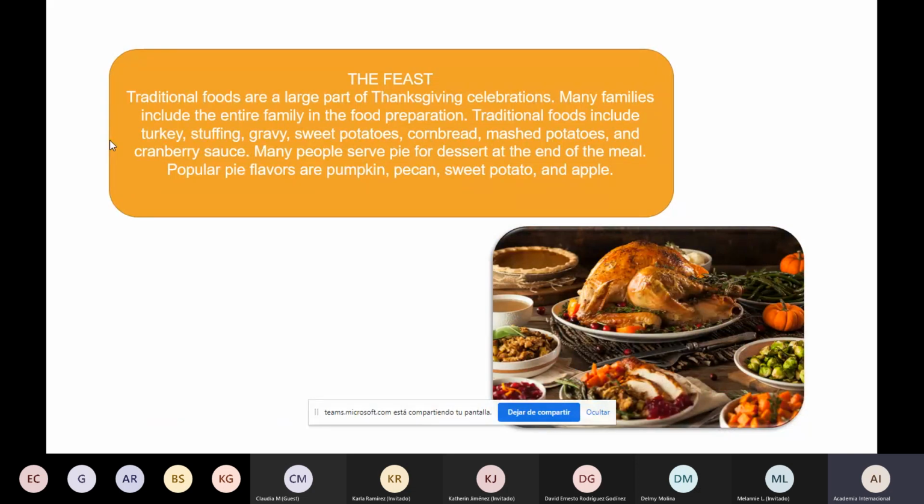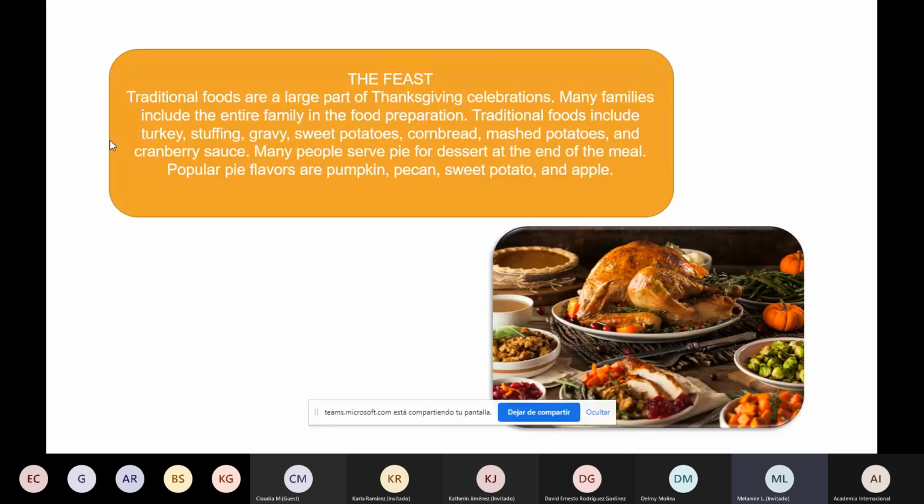Melanie, the feast. Traditional foods are a large part of Thanksgiving celebrations. Many families include the entire family in the food preparation. Traditional foods include turkey, stuffing, gravy, sweet potatoes, cornbread, mashed potatoes, and cranberry sauce.